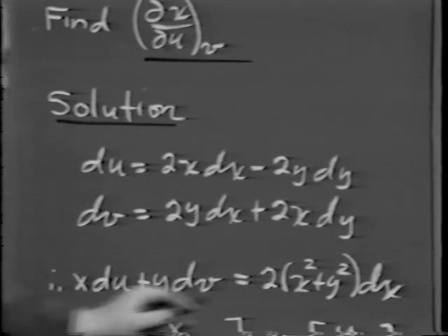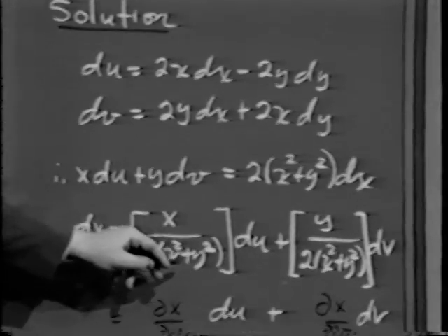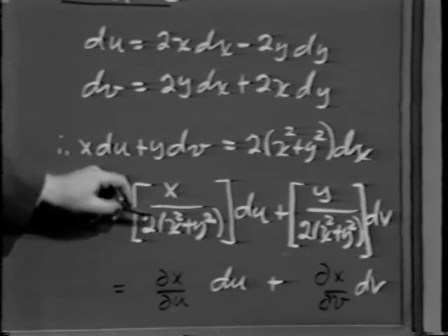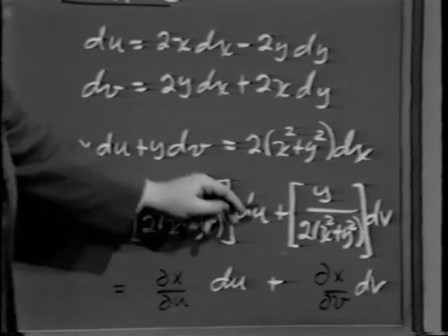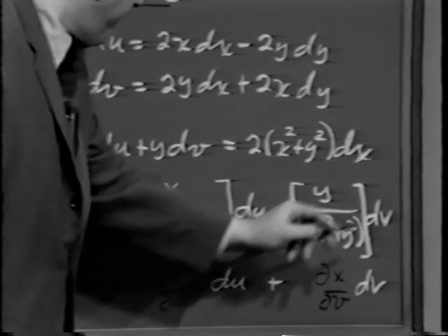I now divide both sides of the equation through by twice x squared plus y squared. I wind up with the fact that dx is x over twice the quantity x squared plus y squared du plus the quantity y over twice x squared plus y squared dv.